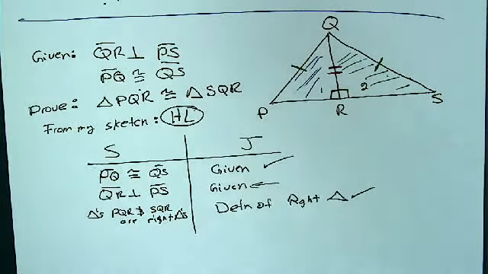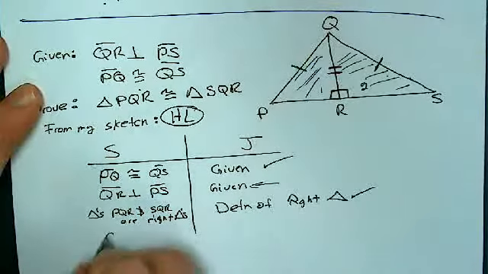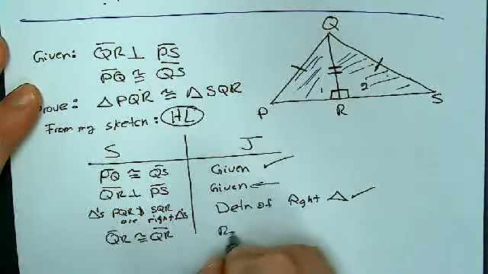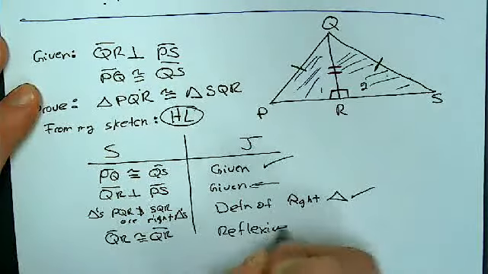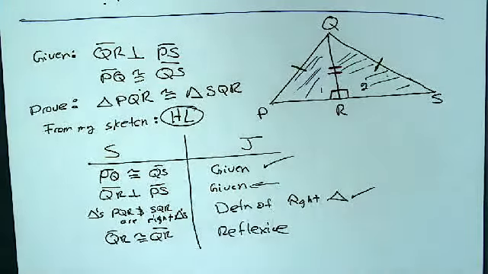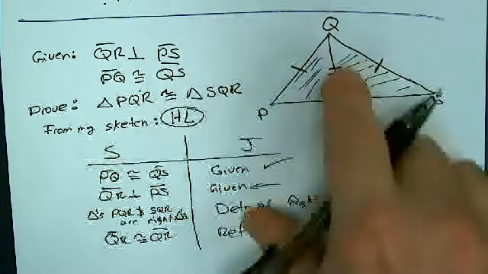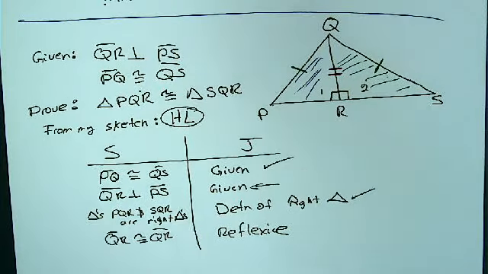And then my third fact we just mentioned was that QR was congruent to itself by the reflexive property. You'll see a lot of the reflexive property come up because it's an easy one for us to fit in there because it's easy to give you that freebie by making it a shared side. That's my third fact.